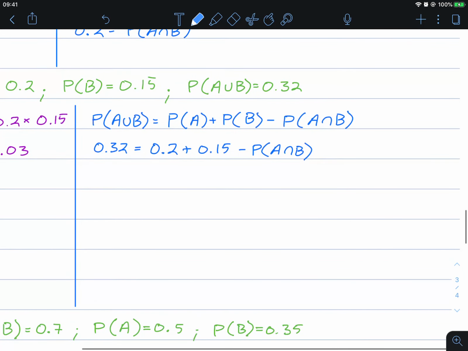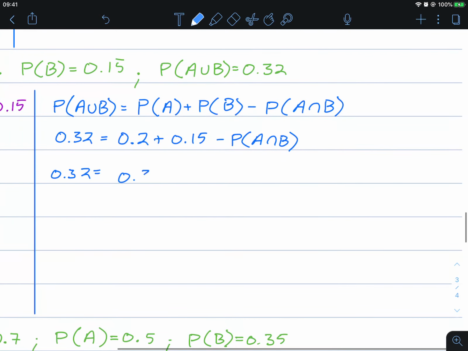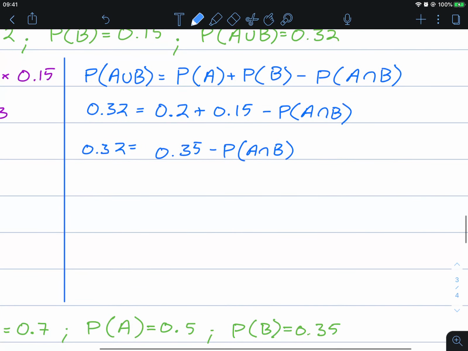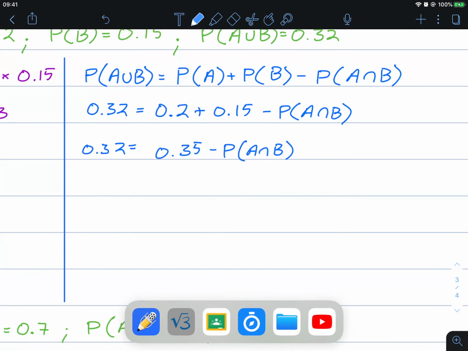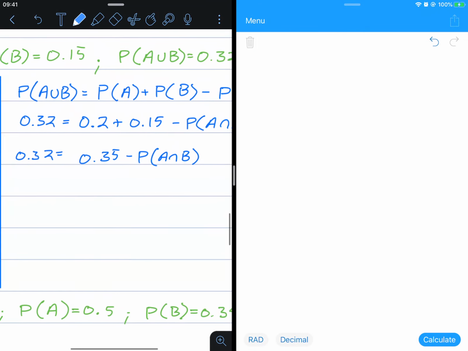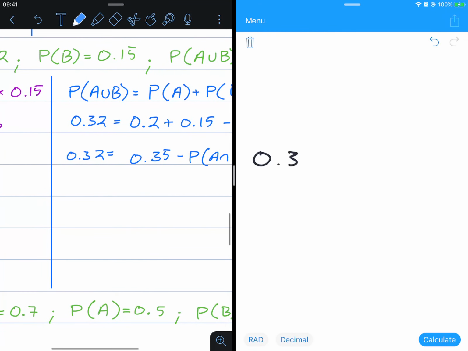Let's solve for this. That's 0.35 minus the probability of A intersect B. Treating this as if we would algebra, subtracting this, we get, what do we get? 0.32 minus 0.35.